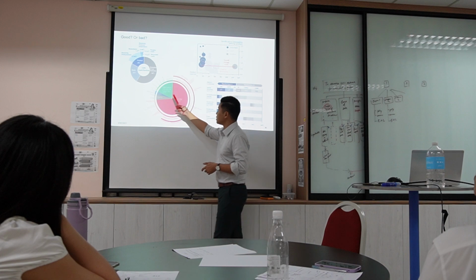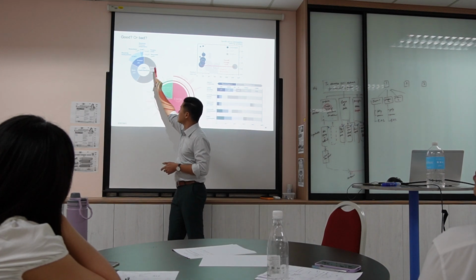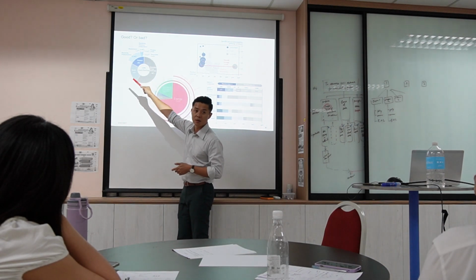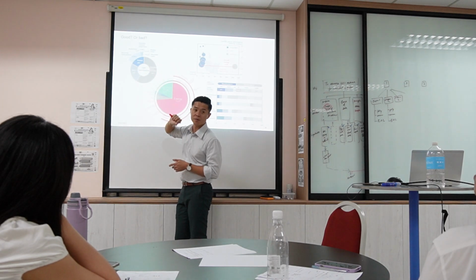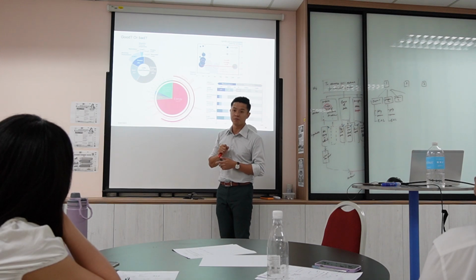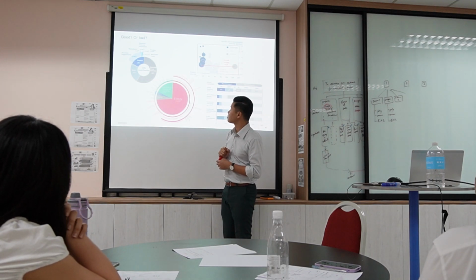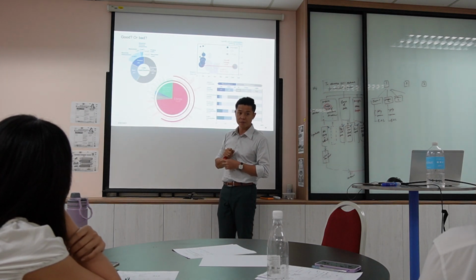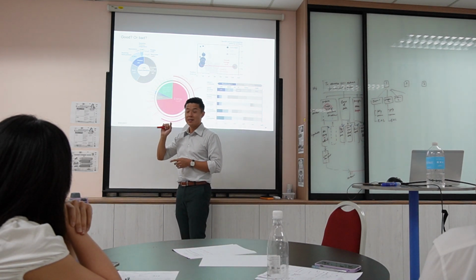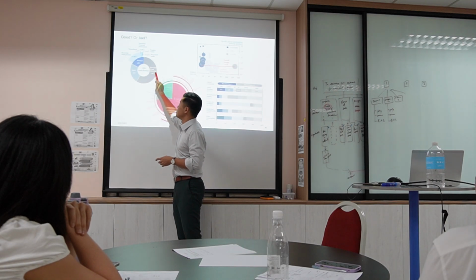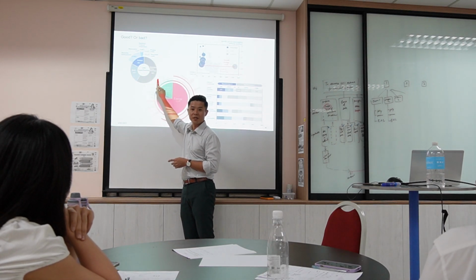And in comparison to this, where do you think this chart wants you to focus on? Composition of the product. But someone can very easily be distracted by this big slice.